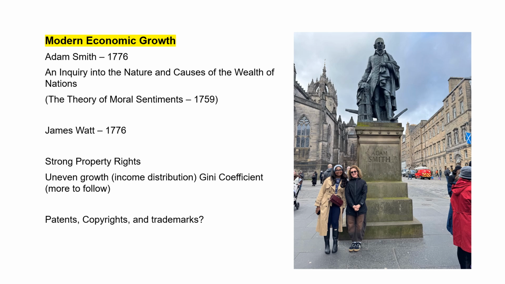In addition to that, something else that happened in 1776 was very important: an inventor by the name of James Watt. It's not that he invented the steam engine, but he perfected it to the point where it was actually useful for industrial purposes. Remember the textile industry sprang up in the UK.